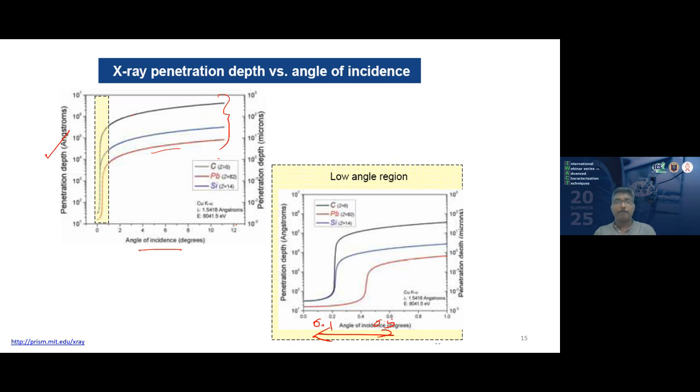Thereby we can decrease the penetration depth and increase the path length that the X-ray travels through the material. By increasing the path length, we can increase the intensity of the peaks. There will be a large enhancement in the intensity of the peaks from the sample, since the path length has been increased.